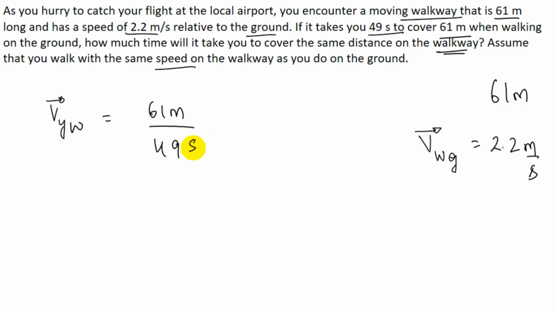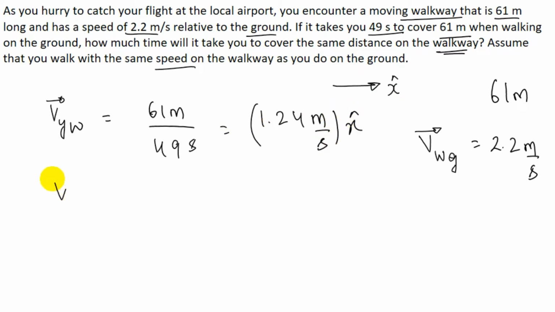So this will be equal to 1.24 meters per second. We are assuming that you're moving in this direction, which is x cap. Similarly, VWG would be equal to 2.2 meters per second x cap, since the velocity of the walkway relative to ground is also in the same direction.